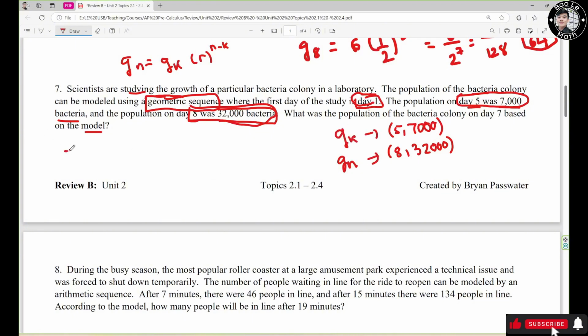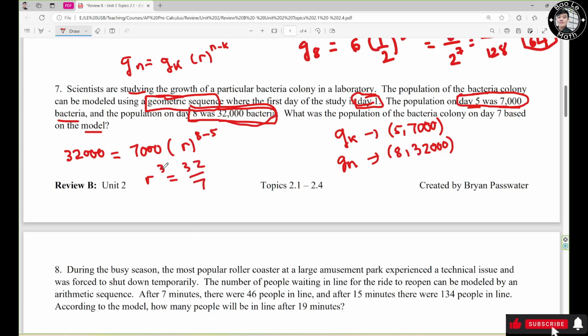So I have 32,000 equals 7,000 times the common ratio raised to the 8 minus 5, right? I'm going to divide both sides by 7,000, so r raised to the 3 equals 32 over 7, right?